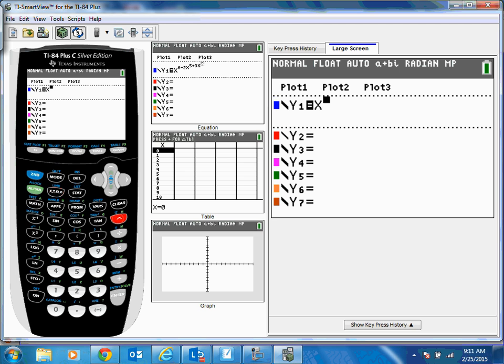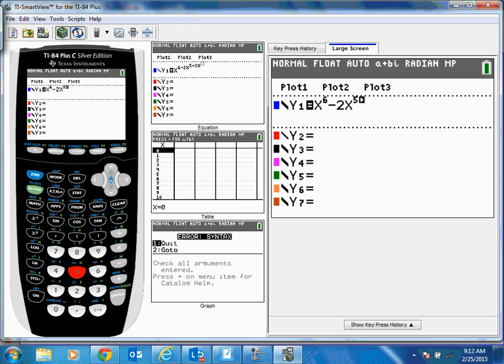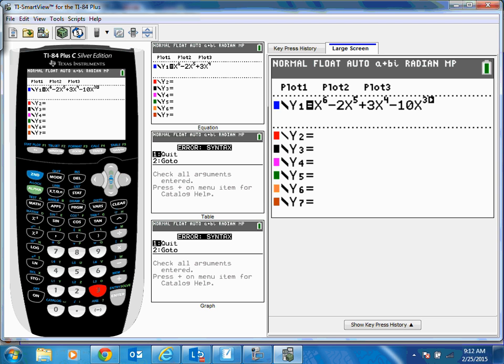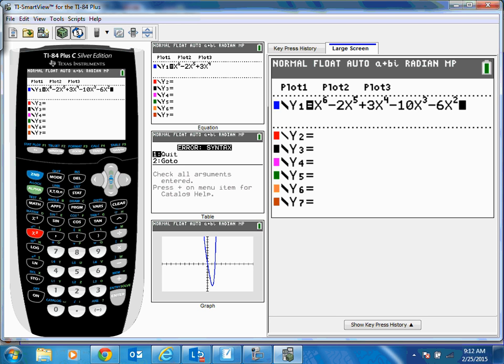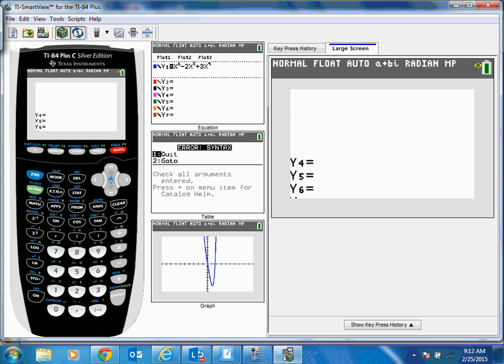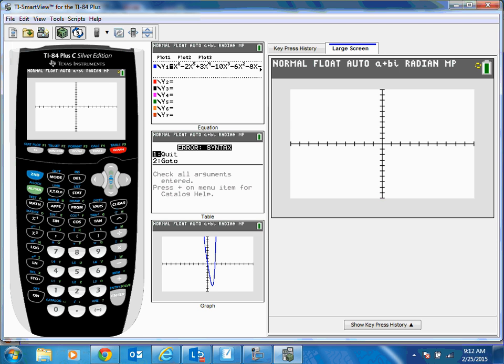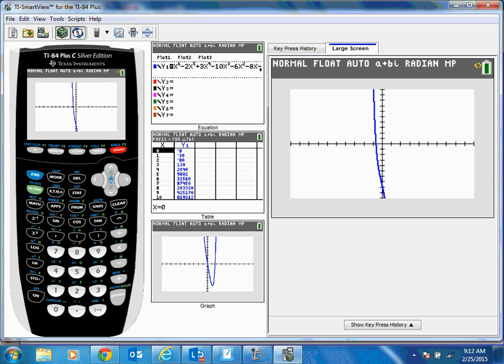Okay. 6 minus 2x to the power of 5 squared minus 8x minus 8. I put it in yellow.